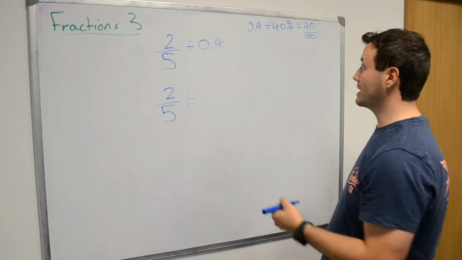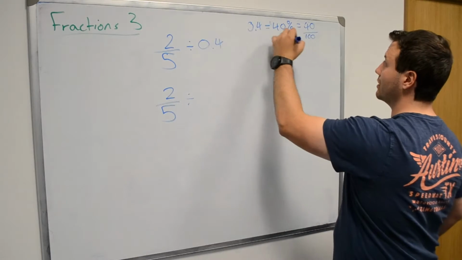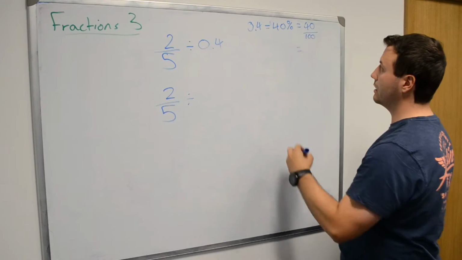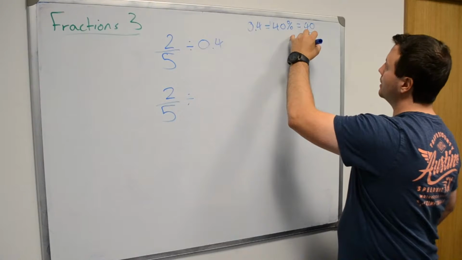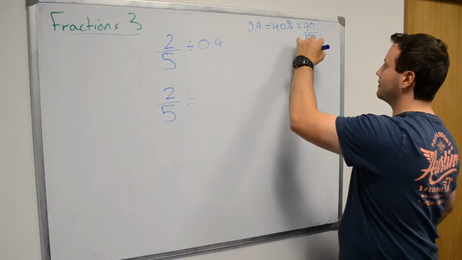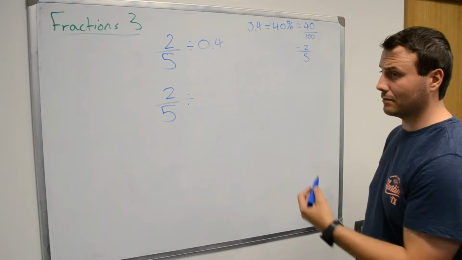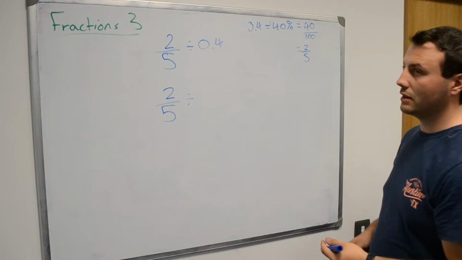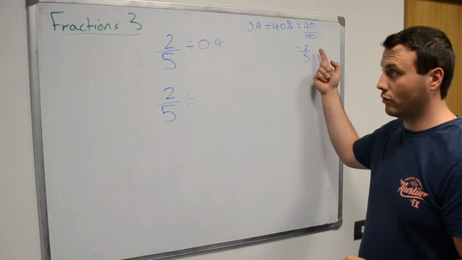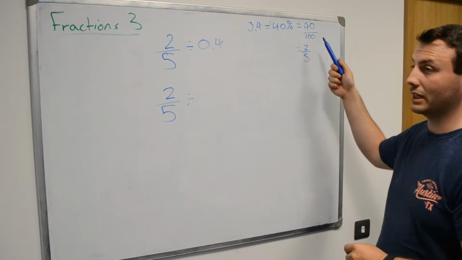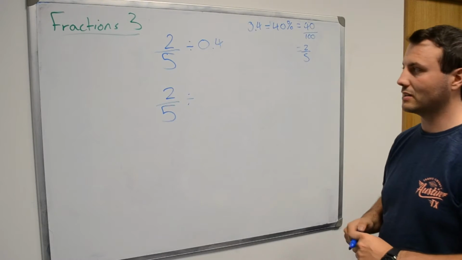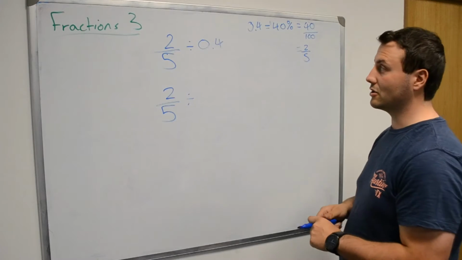And then we're going to make our lives a little bit simpler and simplify this down. So instead of 40 over 100, we're going to say that this is 2/5, by dividing both top and bottom by 20. This method, watch the percentages videos in order to learn how to do this quickly, and you'll see the benefits of being able to do this. So now we have this as 2/5.